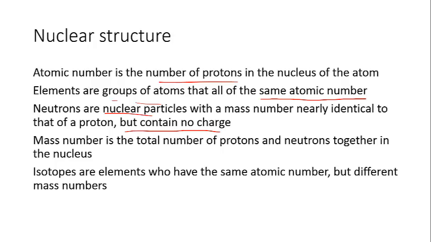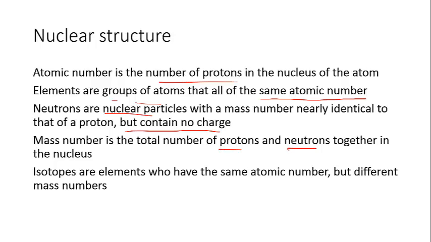The mass number for an element is the number of protons and neutrons together in the nucleus. So the number of protons and neutrons, the weights associated with these two particles, account for nearly all of the mass of an element. And this is, again, because the mass of an electron is so minuscule compared to a proton and a neutron.